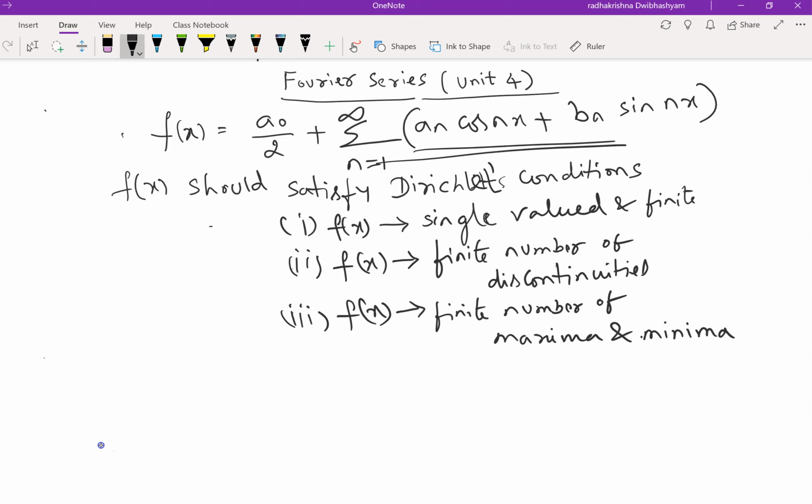Okay, and if you want to expand any function in the form of Fourier series, you should know the values of a0, an and bn. We find a0, an, bn using Euler's formula.